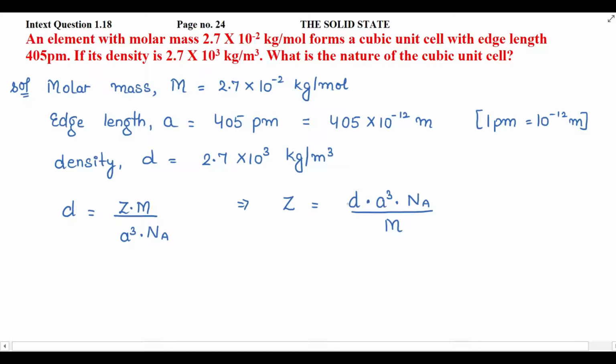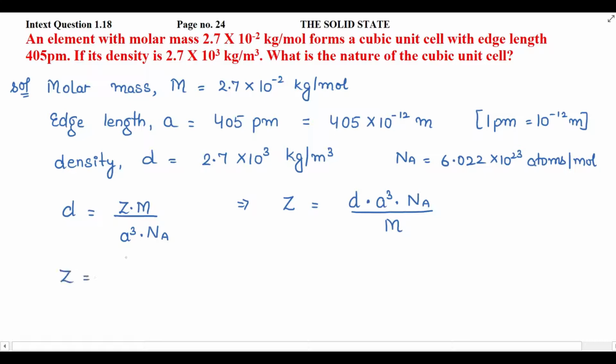So here we have density, and a cube. Now we have the value of edge length, so we'll do the cube of this value. Now what is N_A over here? N_A is Avogadro number of atoms, 6.022 × 10^23 atoms in 1 mole. So we'll put the values.